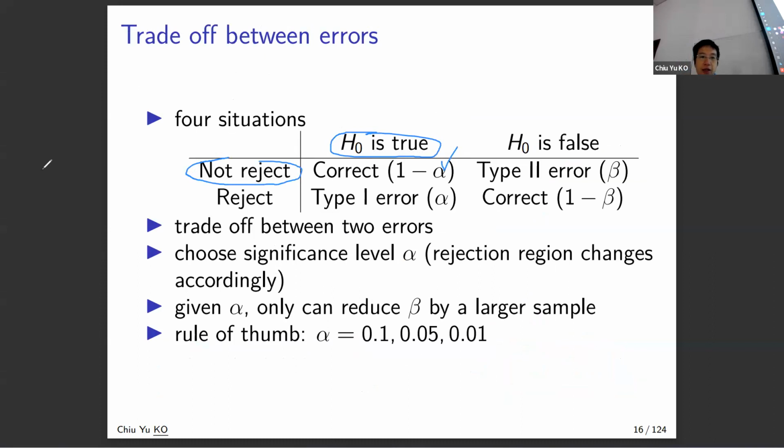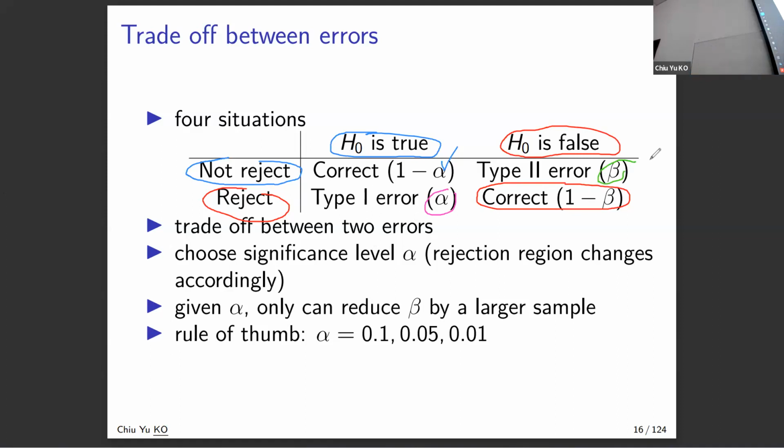If the defendant is guilty and you send him to jail, you make the right decision. Those are 1 minus alpha and 1 minus beta. And alpha and beta are the errors you make. So basically, these are the 4 different outcomes.